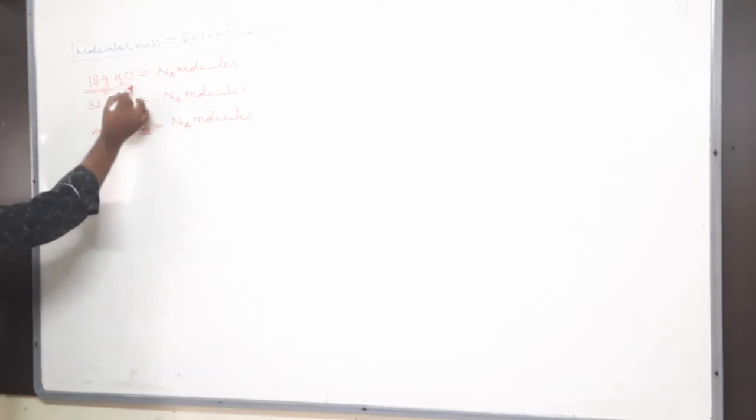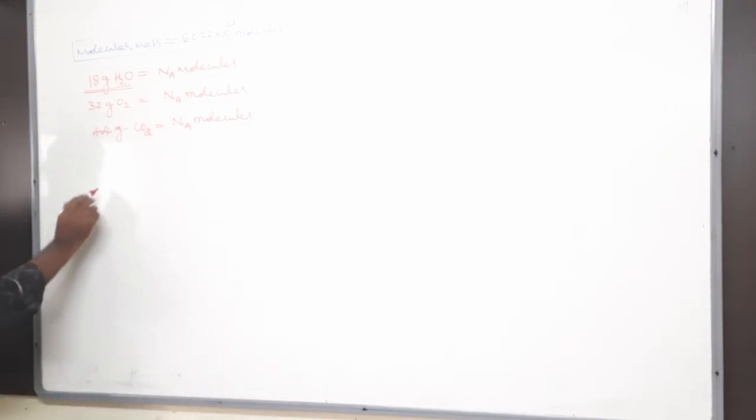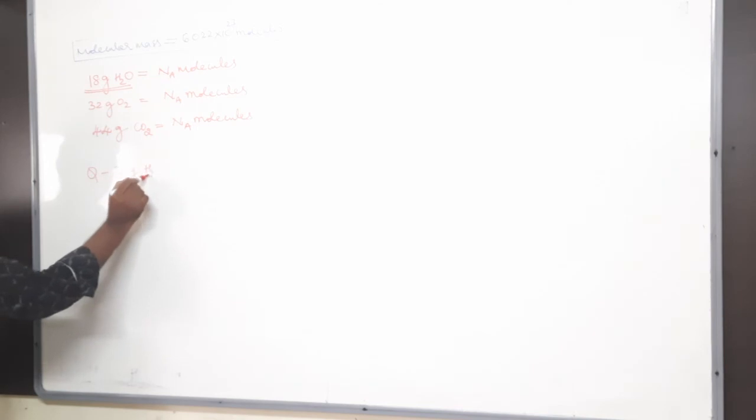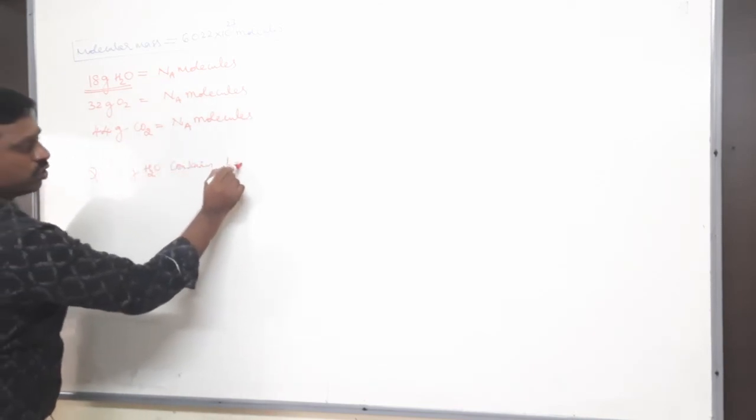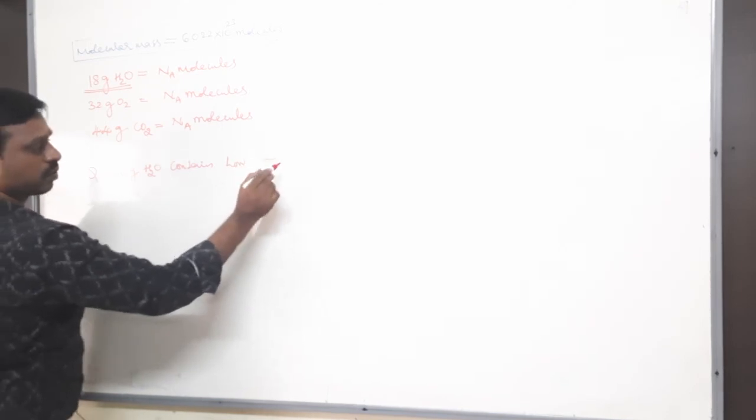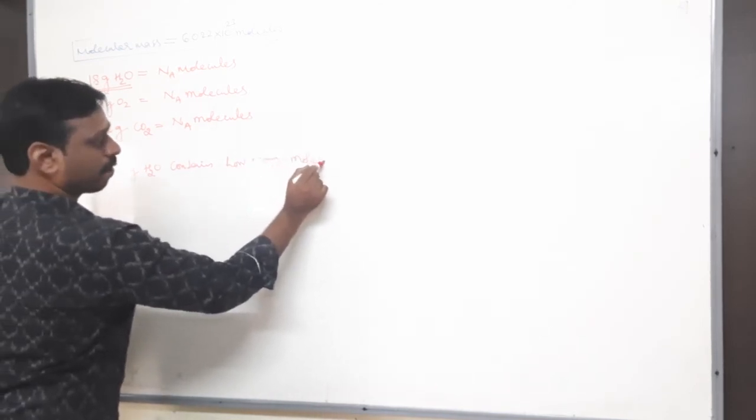Then there are simple calculations. 18 gram water is equal to Na molecules. If I ask, 36 grams of water contain how many molecules? 2 Na molecules.